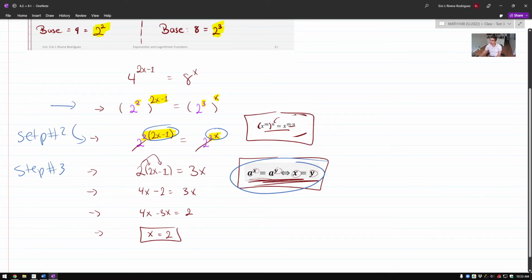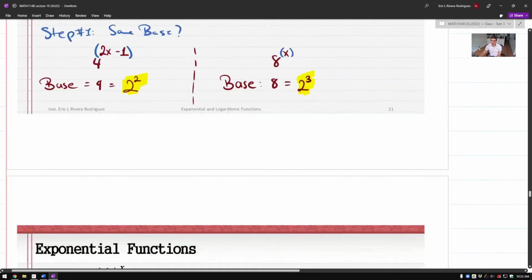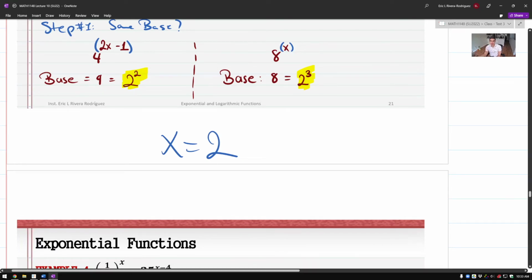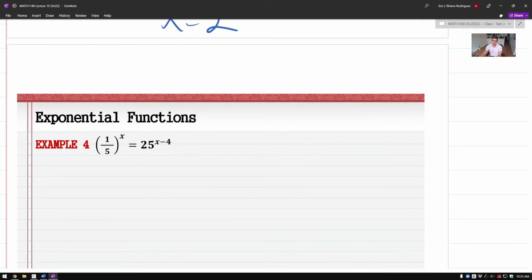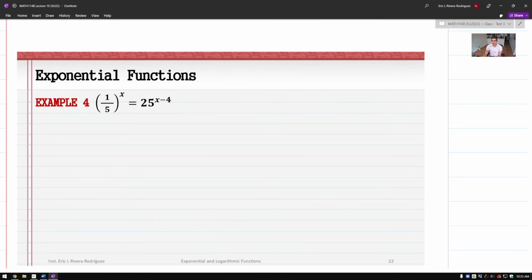Questions? So x equal to. Okay. Do we have same base here?